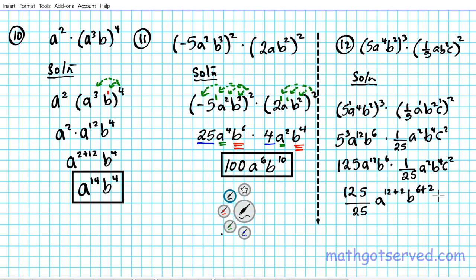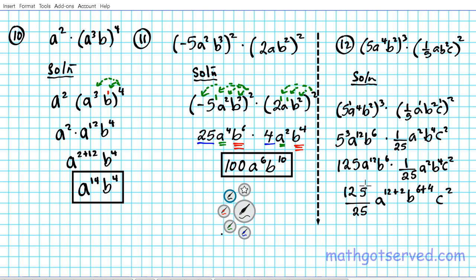All right, and then we have the c. C is just raised to the 2nd power there. Now we have b raised to the 6 plus 4. It's not 2, it's 4. Let's fix that. So b is raised to the 6 plus 4.